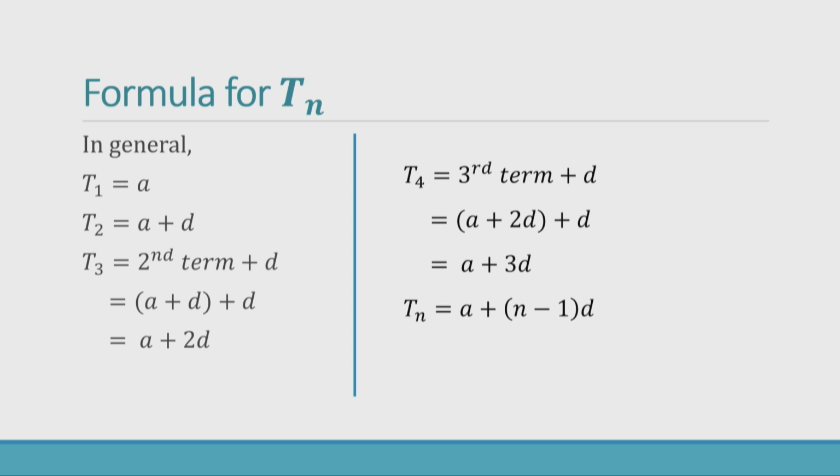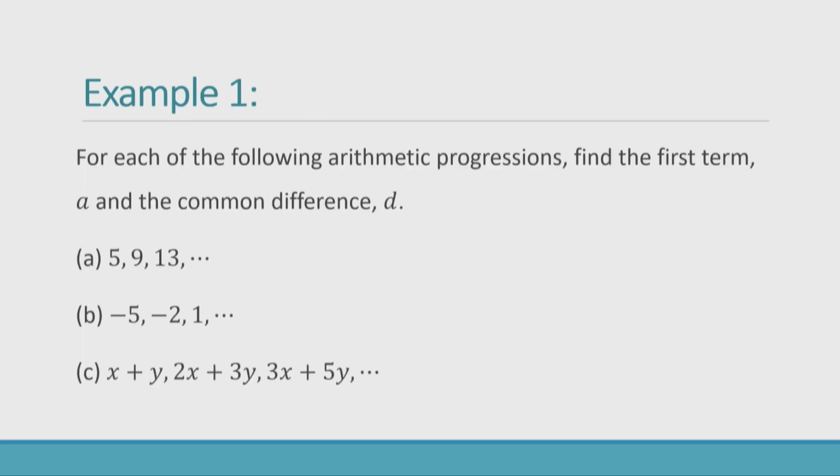Now we are going to look at some examples to see how the formula can be used. Example 1. For each of the following arithmetic progressions, find the first term, A, and the common difference, D. Let us look at part A. 5, 9, 13.